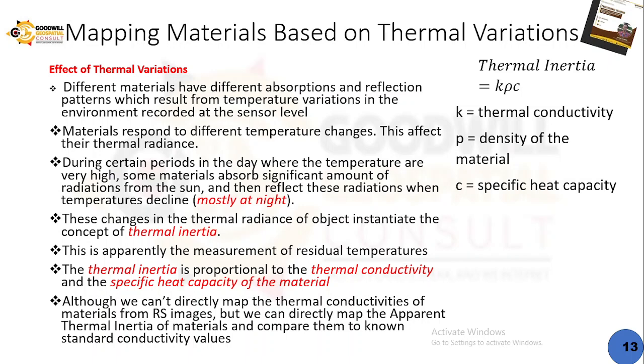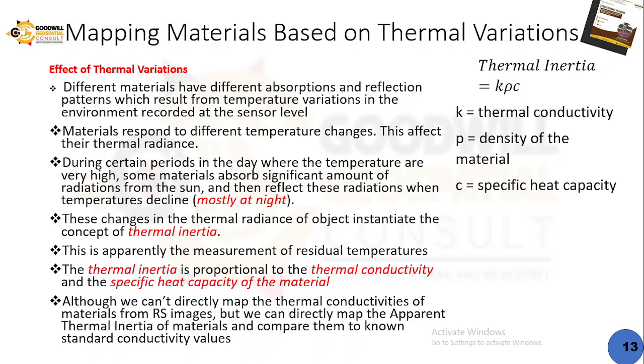So we can go from the known to find the unknown. That's the principle here. Thermal conductivity values are known. We can calculate thermal conductivity values for different types of materials in the lab. And once we get these values, we can compare them to the thermal inertia images we've generated. This is simple, and it's a big advancement which can be relied on.